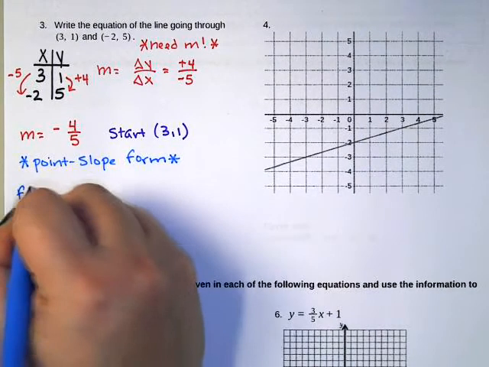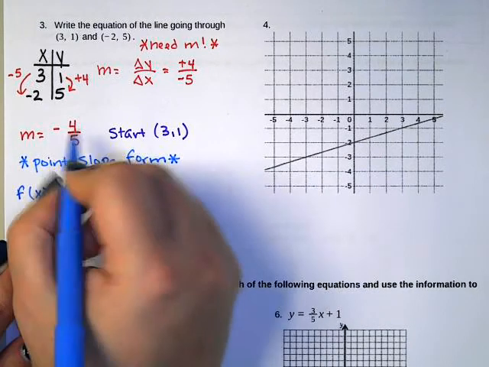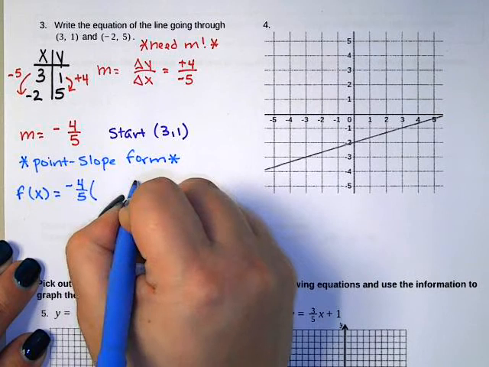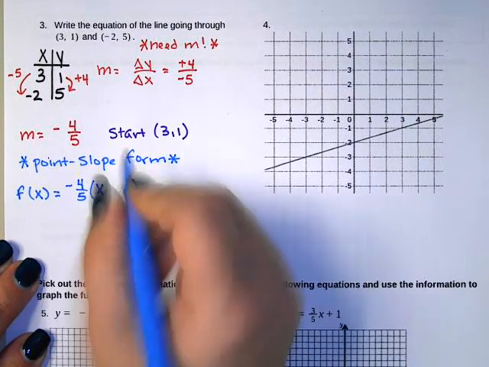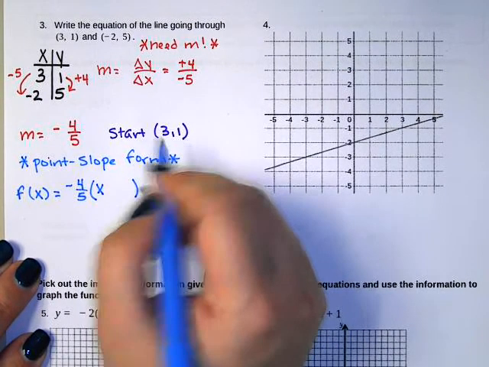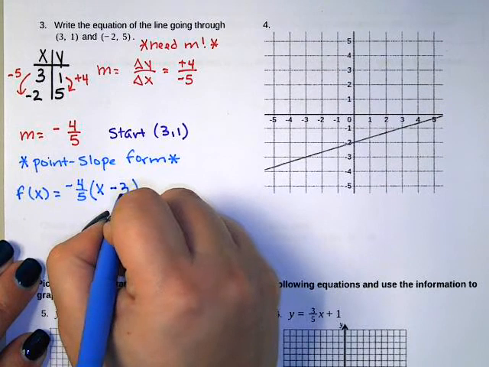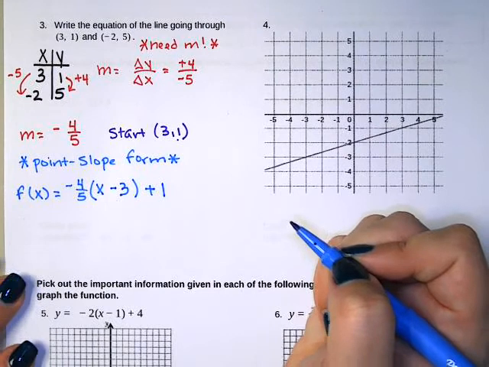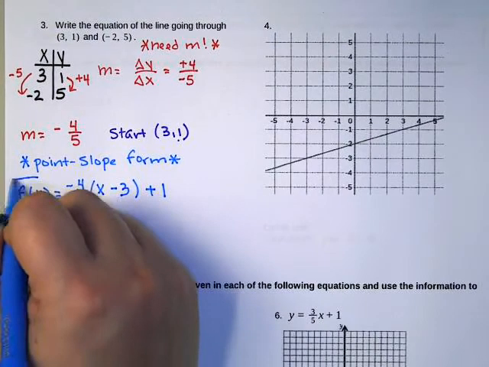So f of x is going to equal, I start with my pattern, -4 over 5, and I need to figure out what goes in the parentheses with the x. Since I'm starting at 3, this is going to be a -3, and then I have a plus 1 on the outside because that's my starting y value. This is our equation in point-slope form.